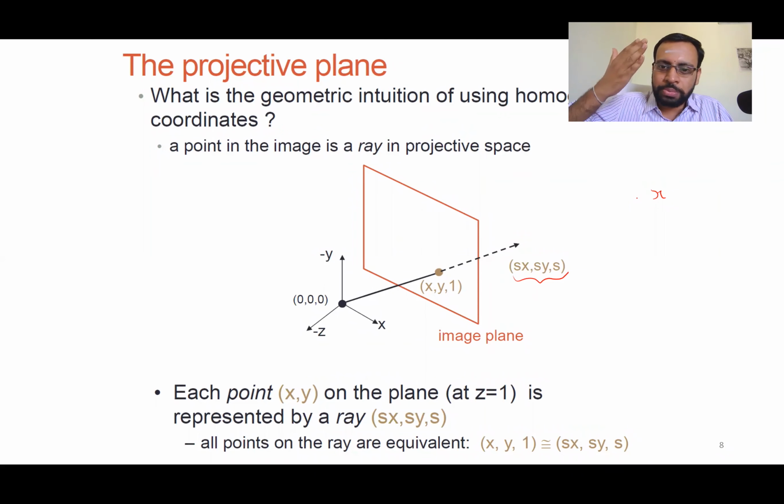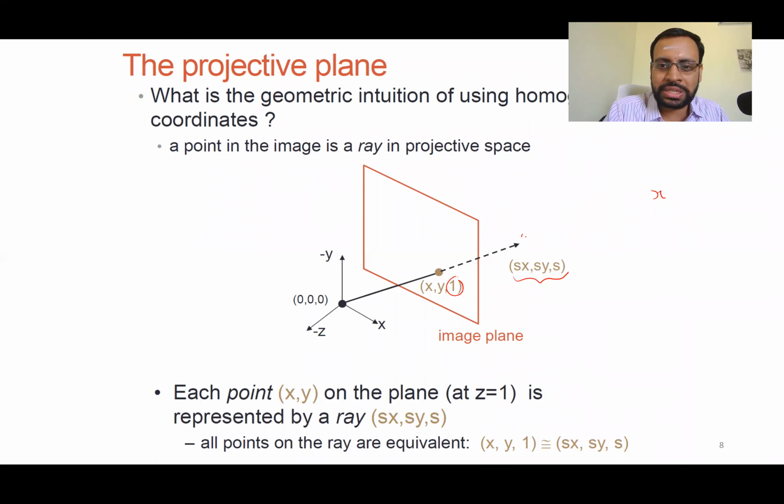So the projection of it, if you are taking the projection, so there is a point here in the 3D. Now I'm talking about a 3D point, and there is a ray connecting that to the origin. And I am taking its projection on a 2D plane, which is at z equal to 1.